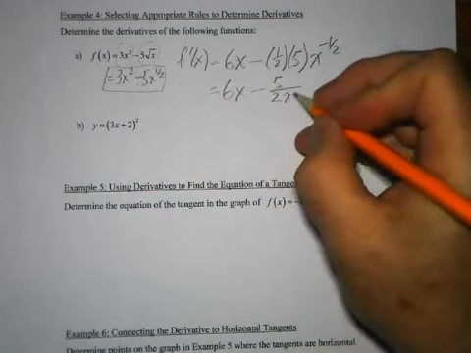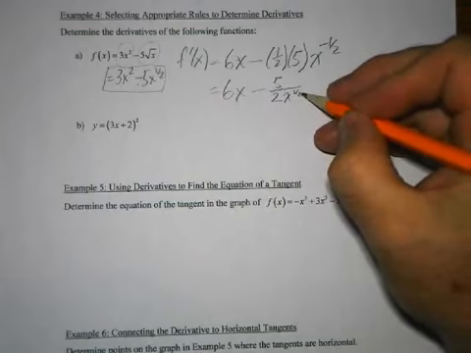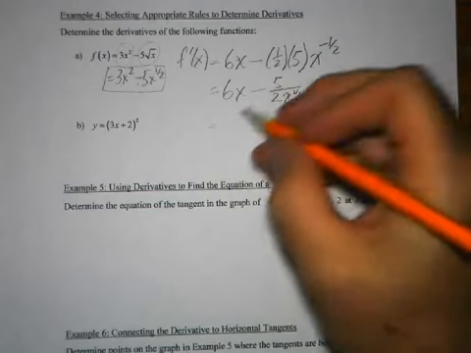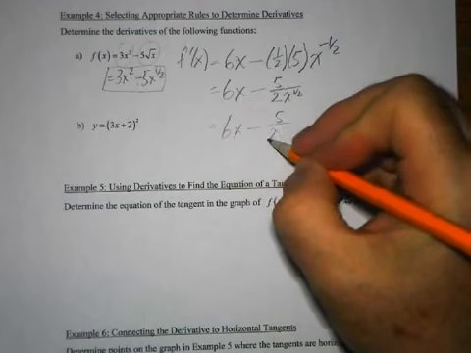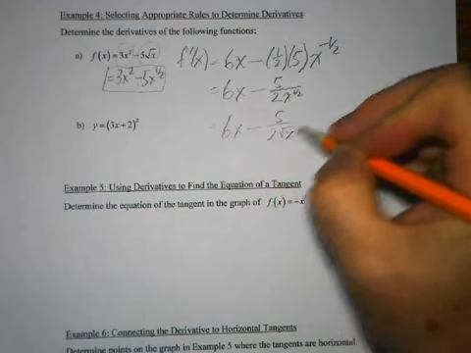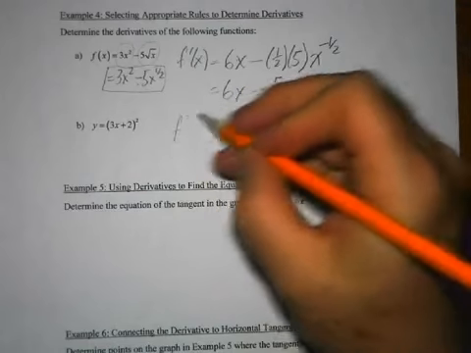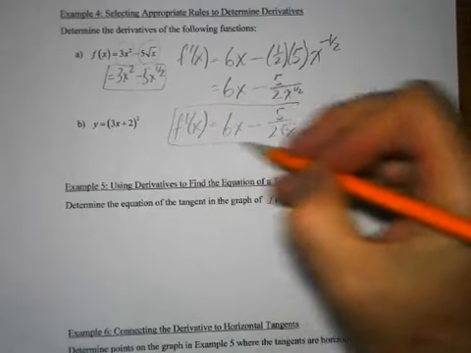I could bring this down here, x to the 1/2, to at least fix the negative part, and then finally I'll just convert the 1/2 to a square root, so 6x minus 5 over root x. And that would be your, well, I've kind of gone into the next question. Okay, so this would be your final answer.